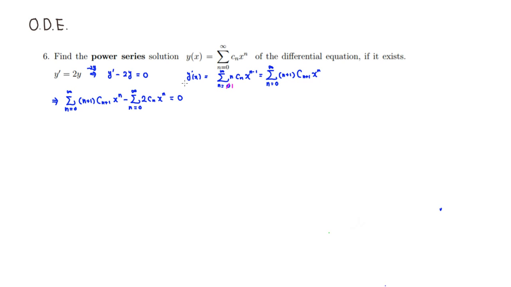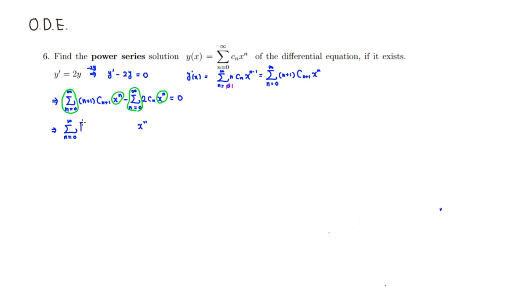Since we have something in common, you can see that both have a summation here. It is exactly the same summation, and there's an x to the n here and an x to the n here. So I'm going to pull those out and write the summation once, n goes from 0 to infinity, and pull x to the n out.